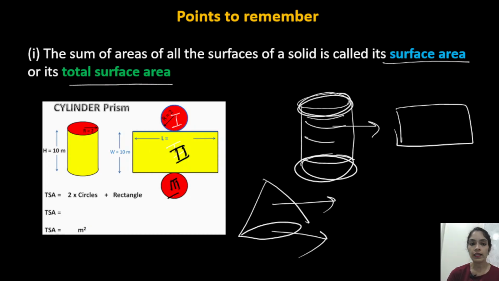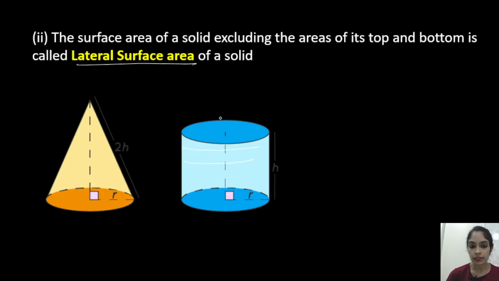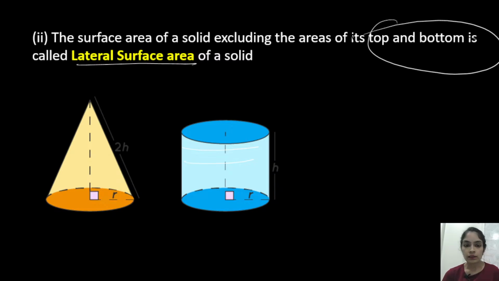So if we only include this surface, only the curved part, that means this is that surface area which excludes the top part and bottom part. So that is only known as lateral surface area. Because in some of the questions we might have to find that, you should know the meaning.